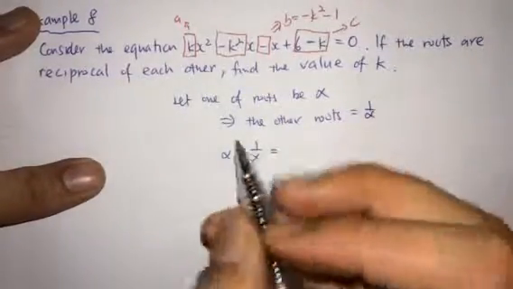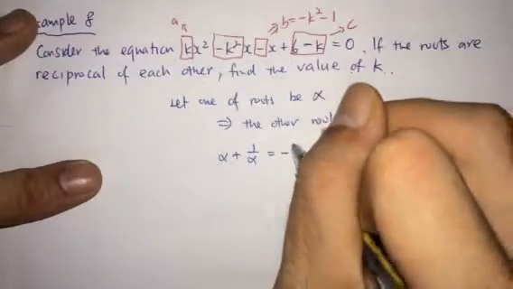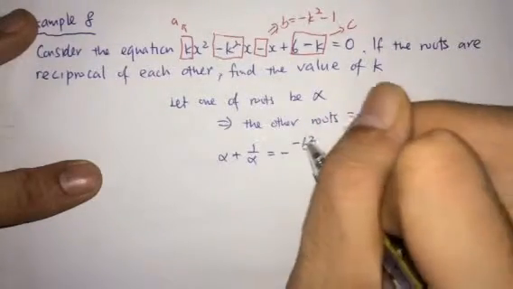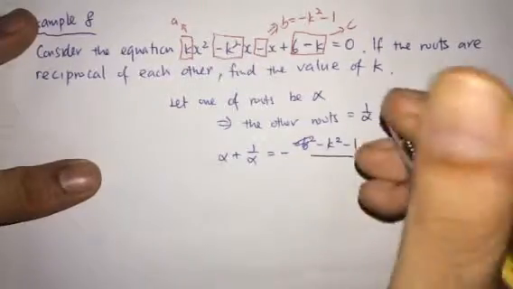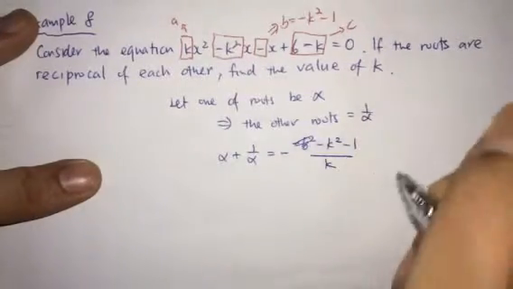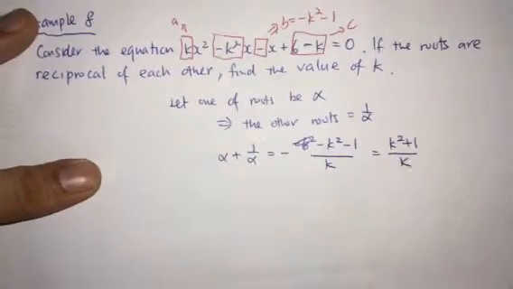So the sum of roots is actually minus b over a, which is k squared minus 1 over k. Simplifying this, we end up having k squared plus 1 over k.